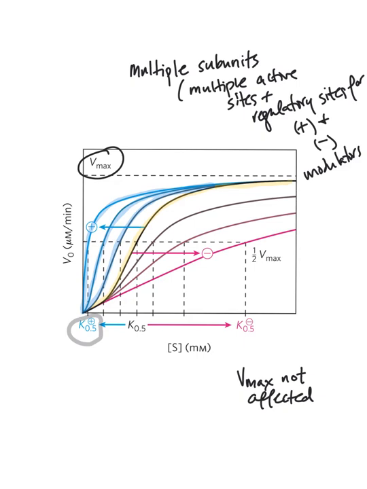Now let's look at the other side. You could have a negative modulator, and what that does is that it lowers the affinity of that enzyme for its substrate, so the K0.5 gets larger. You can see it goes in that direction as opposed to the other direction. So lower and lower affinity for the substrate means that you're going to have a less active enzyme.